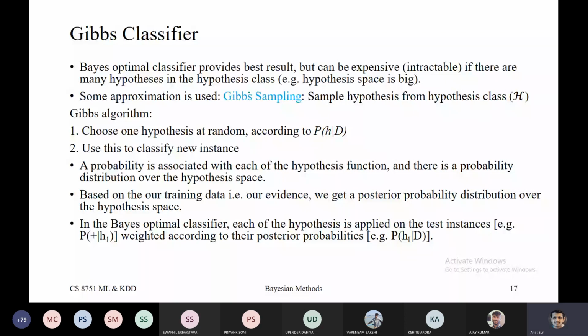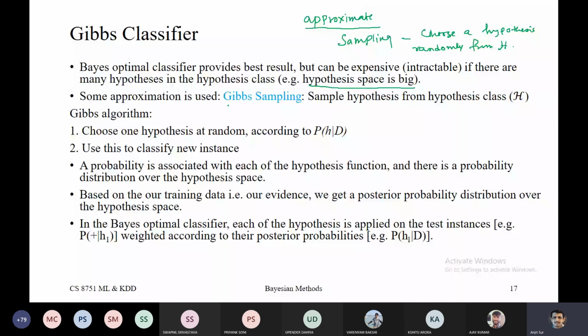So we have to approximate. How do we approximate? One kind of approximation we know uses sampling. We choose a hypothesis randomly from the hypothesis class H, and this is called Gibbs sampling.